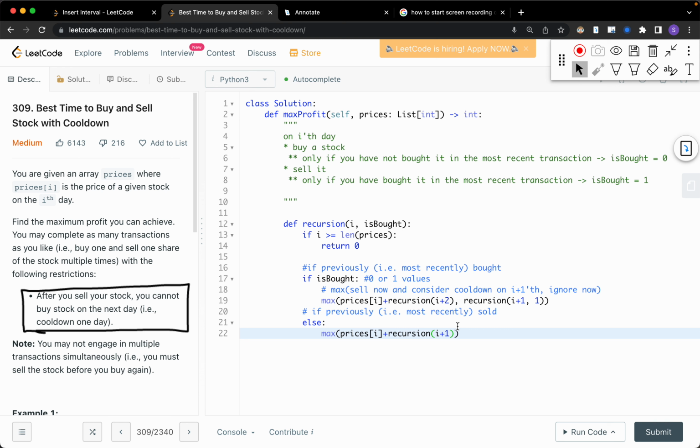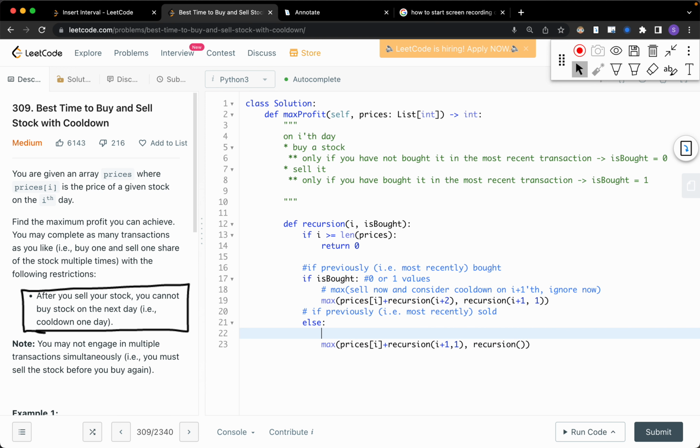And we have to update the isbot value, because since my isbot value would be 0, that means isbot is equal to 0, right? Then in that case, we have to change our isbot value to be 1, right?